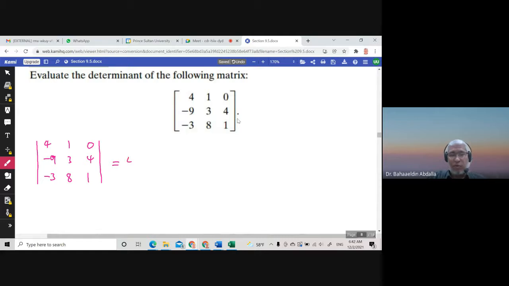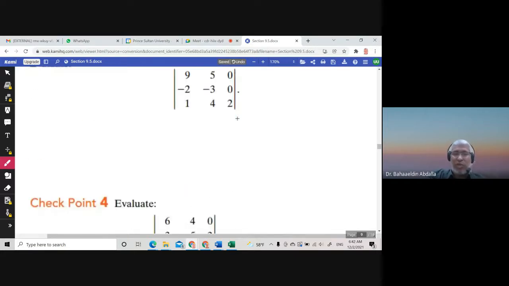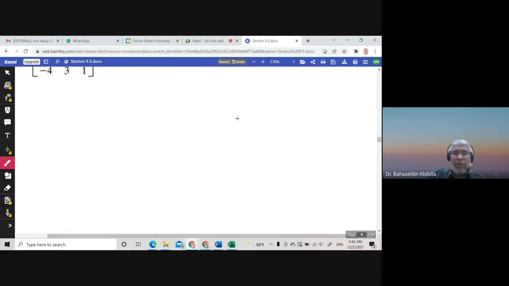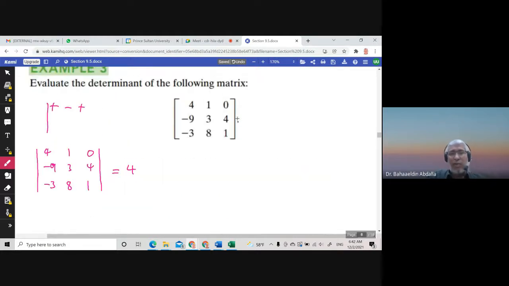So what would be the determinant? It would be 4, this number. Now what are the signs for the first row? If you remember, it is plus, minus, plus. The determinant that I just showed you starts with plus, this plus, minus, plus. So plus 4 times the minor of 4. Remove the row and the column.